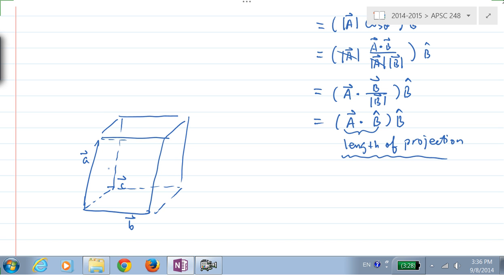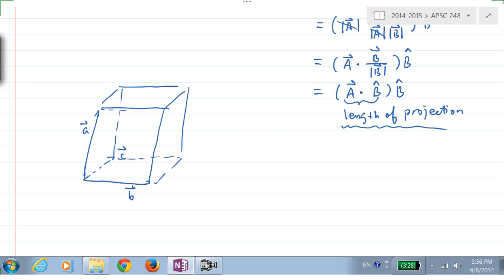Looking at the volume of the parallelogram, we derived, using cross product and dot product, in the end, what we end up with is this. So we said the volume equals A dot B cross C.